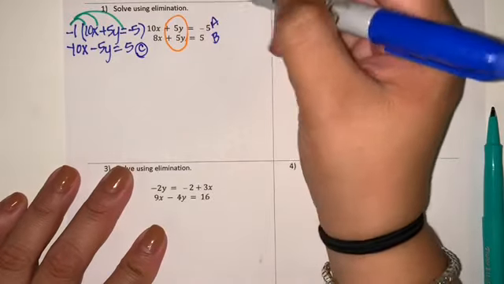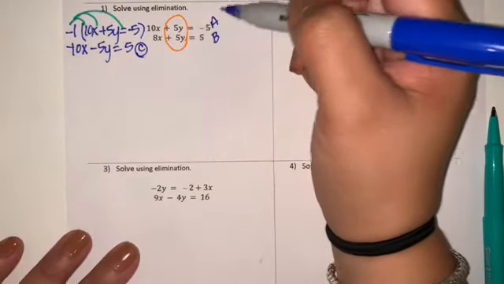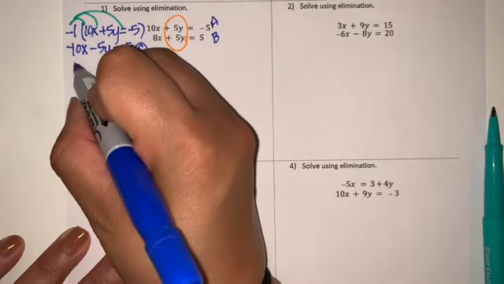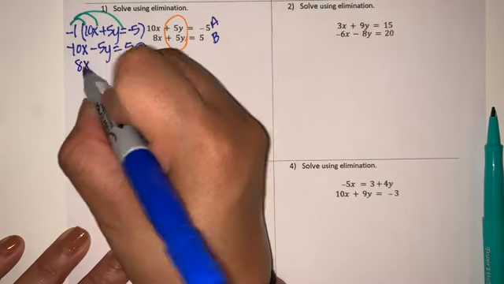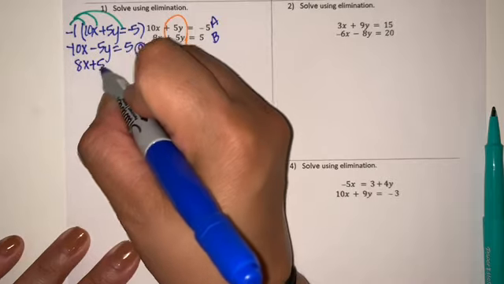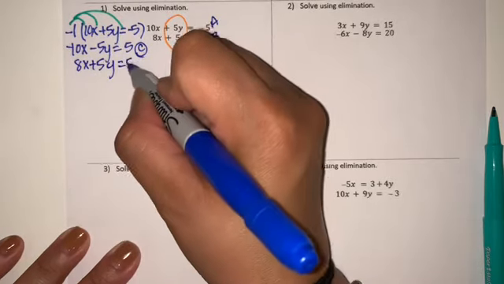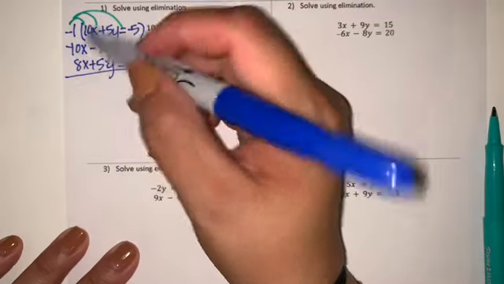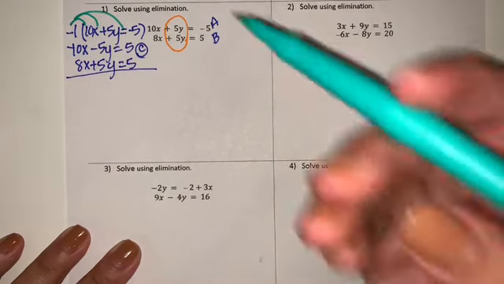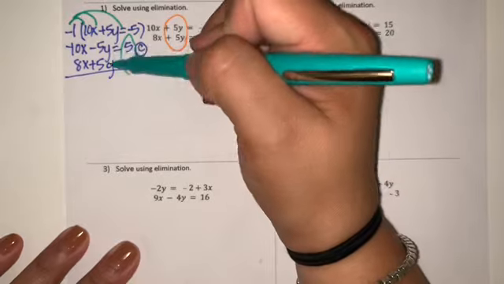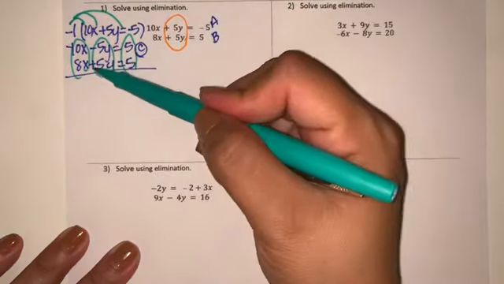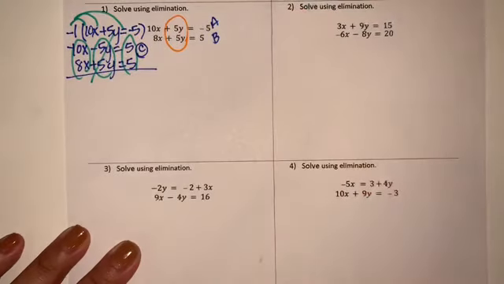I'm going to add C and B together. So I'm going to write B right underneath it. And I'm going to have 8x plus 5y equals 5. I'm going to add all of this together. Remember, the point was to eliminate one of the variables, so this goes away.